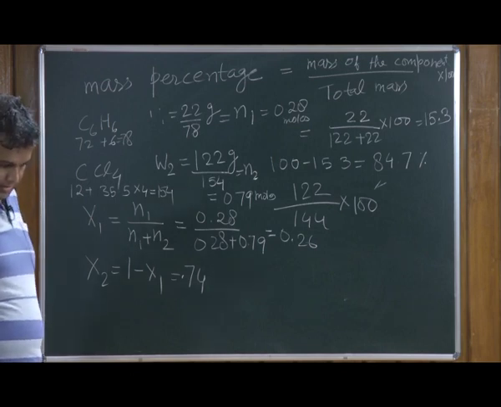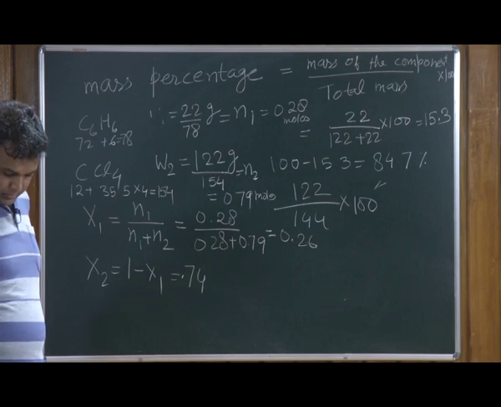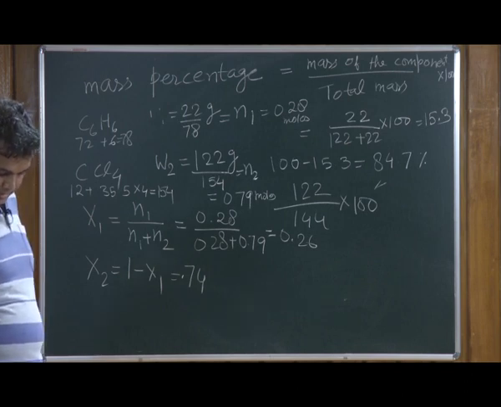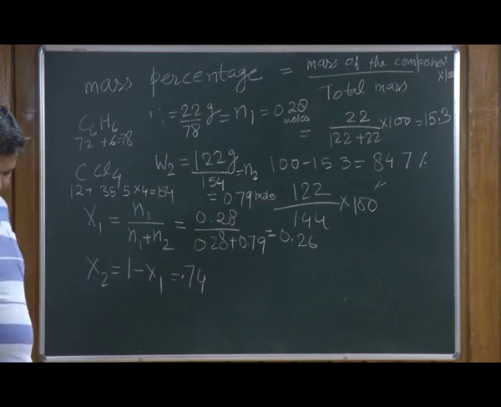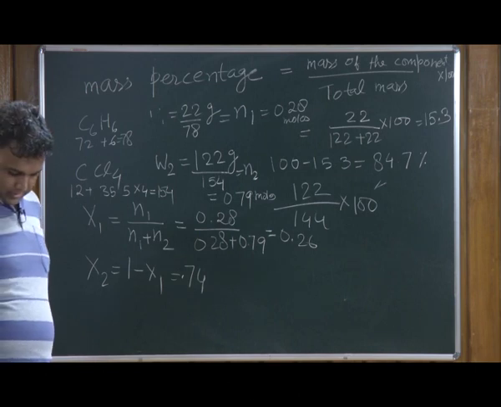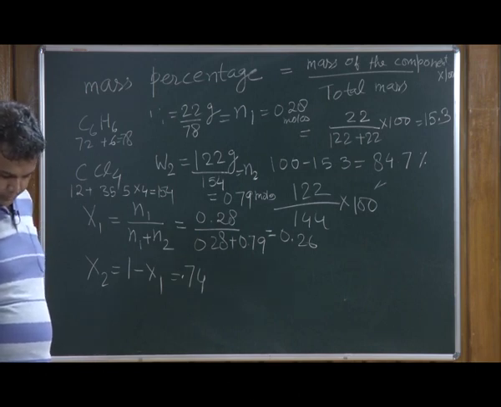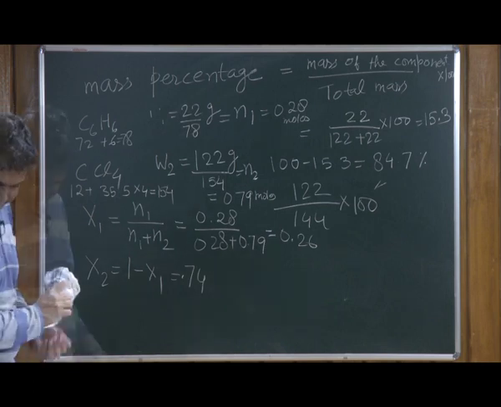Okay, let us try another problem from the in-text question, that is 2.3. Calculate the molarity of each of the following solution. A, 30 gram of cobalt nitrate hydrated in 4.3 liter of solution. B, 30 ml of 0.5 molar H2SO4 solution diluted to 500 milliliter. Okay.